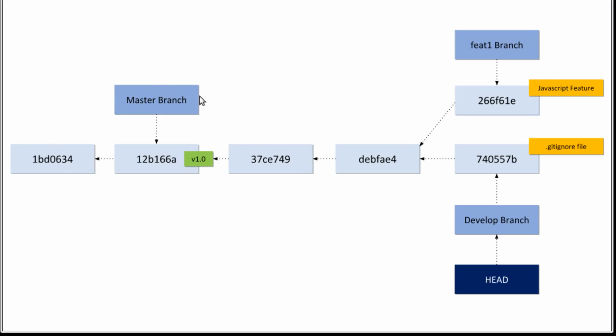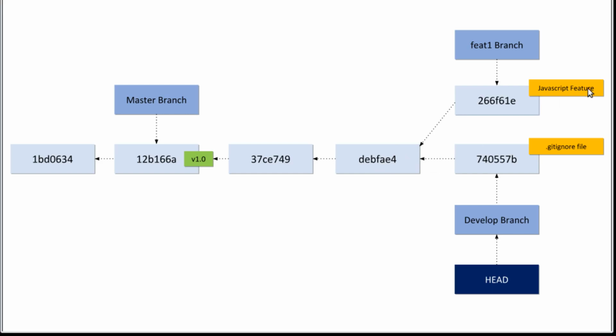So you'll see our master branch is still at the first release. We haven't made any changes to it in the past couple commits. And so we have all these commits, and finally we have these 2 commits that are basically diverging. So this DEBFAE4 commit is actually going to be the parent commit for both of these commits that we just made.